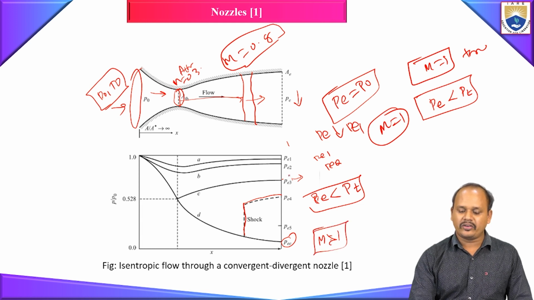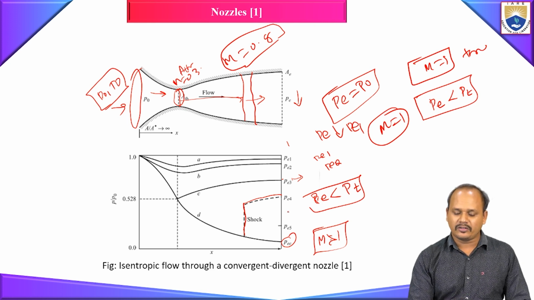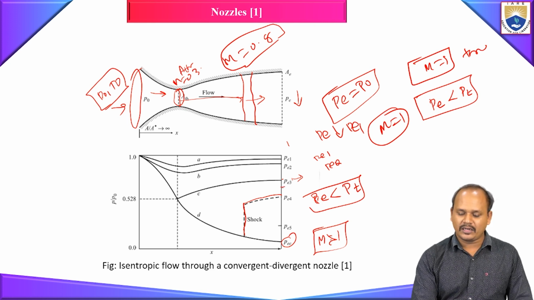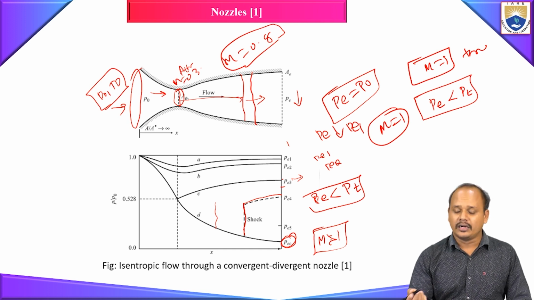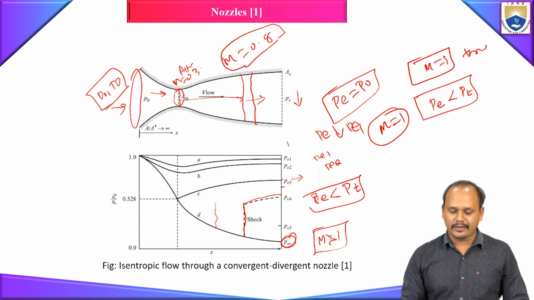If the back pressure is in between this range, what will happen is that based on your pressure, suppose the pressure is here, means you will have this shock wave. So slowly, by decreasing the pressure, your shock wave will be moving in the downstream direction. For your PEC, the normal shock will be completely pushed outside of your nozzle, and you will have the supersonic flow at the nozzle exit.